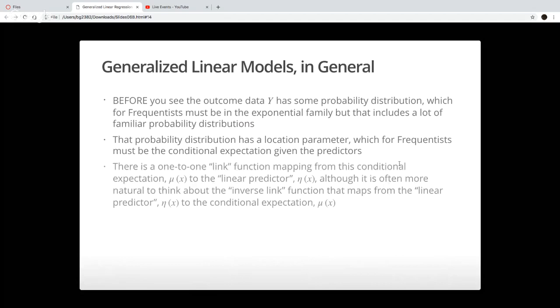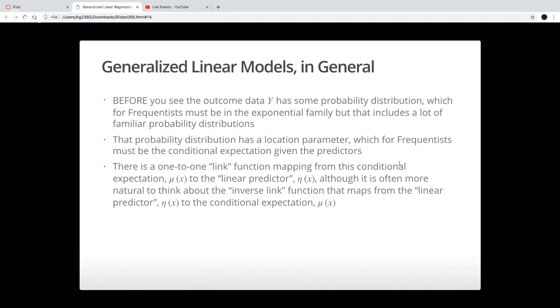And then the third piece, or third out of four maybe, you have to specify a one-to-one function known as a link function that maps from the conditional expectation mu, as a function of the predictors x, to the so-called linear predictor eta, which is also a function of x.